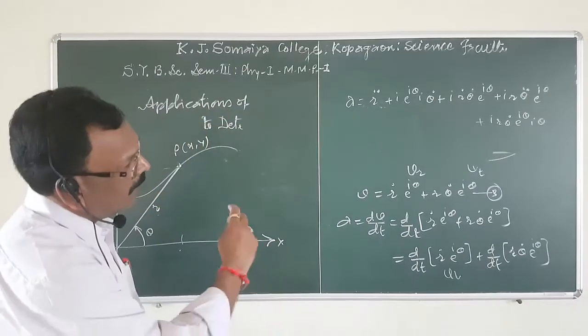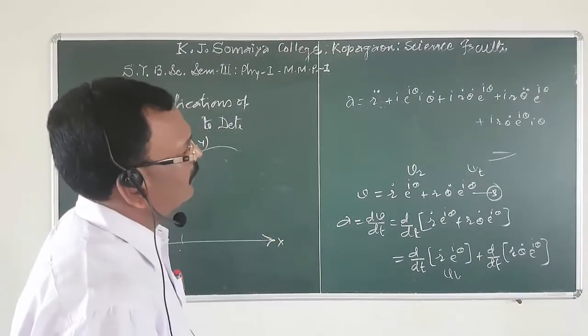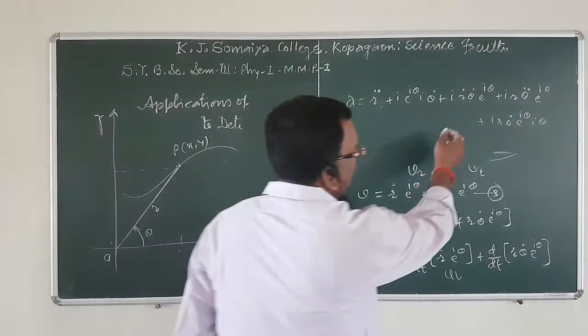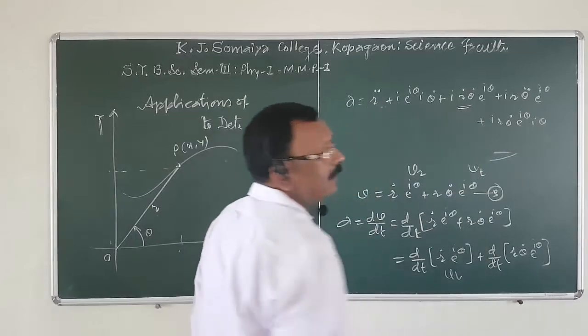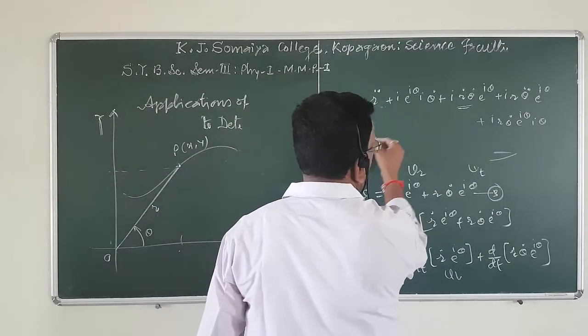Now collect the terms, that is, collect radial and transverse terms together.